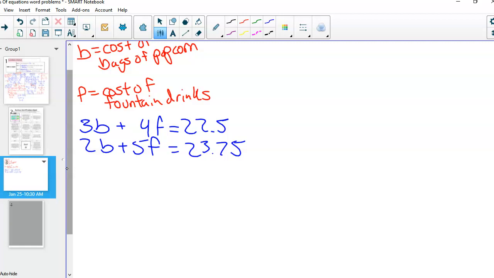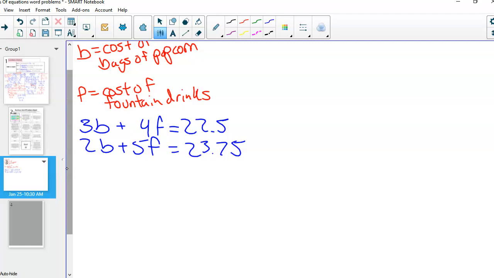You can look at the first page of your notes. So substitute is the second step. It does say solve for x or y. Now we don't have x or y in this, but we can pretend that b is x and f is y.